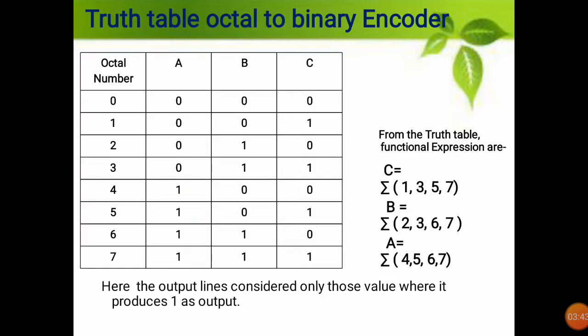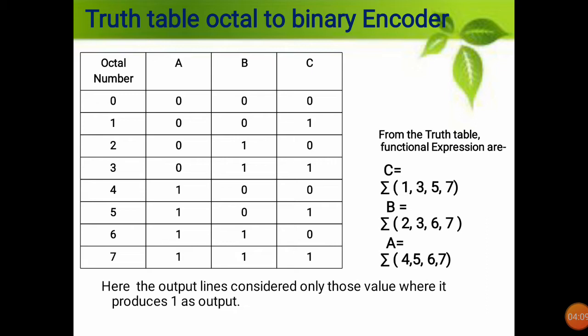Now the truth table for the octal to binary encoder. In the first column, I have taken the octal number from 0 to 7, and in the next 3 columns A, B and C, I have written the binary equivalent of each number. For 0 it is all 0. For 1 the binary equivalent is 001. For 2 it is 010.